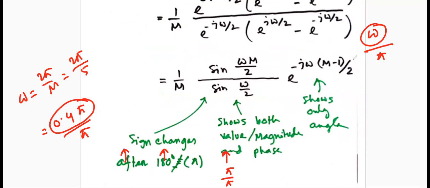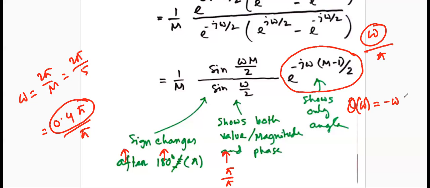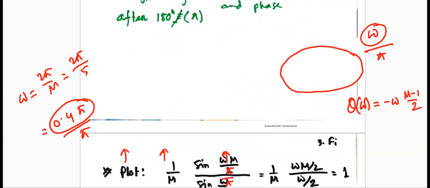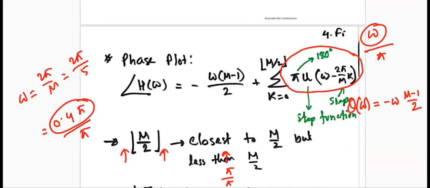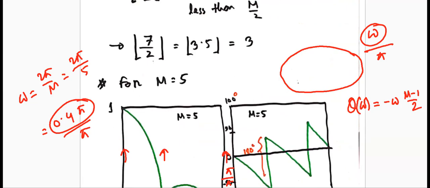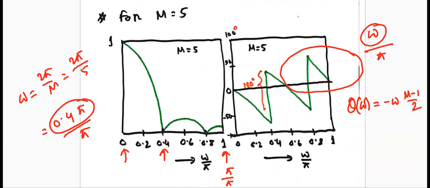This shows the phase component, where the phase value with respect to omega is minus omega times m minus 1 divided by 2. So that is the value of the phase. If we consider this phase and plot it with respect to omega, how does it look for a 5-point moving average?